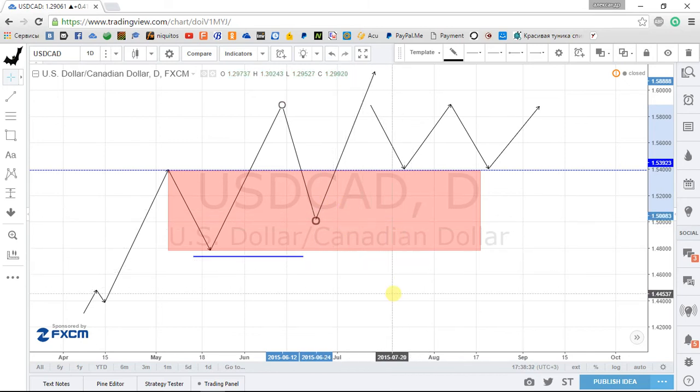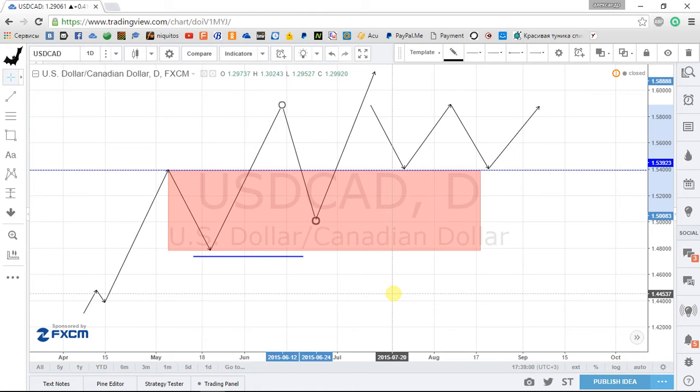Okay, let me just enumerate what we have discussed about the features of this level. Price will most likely bounce off this level. When support is broken and then price goes to retest, it most likely will become a resistance. Broken support turns into resistance, I mean that.